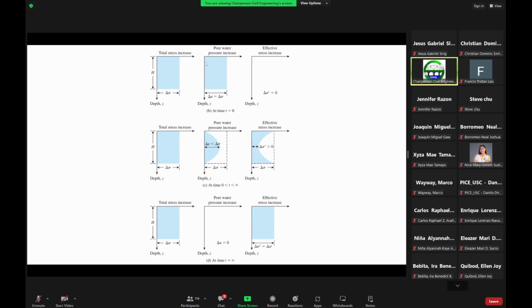But at time t equals 0, the stress is not yet transferred into the effective stress. So that means everything is still being carried by the total stress as well as the pore water pressure.